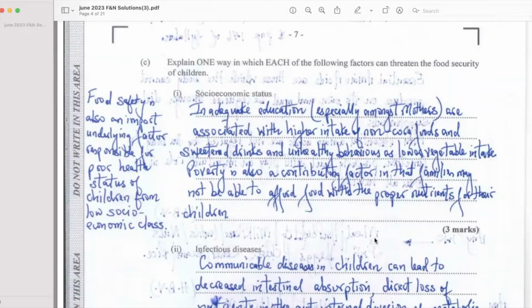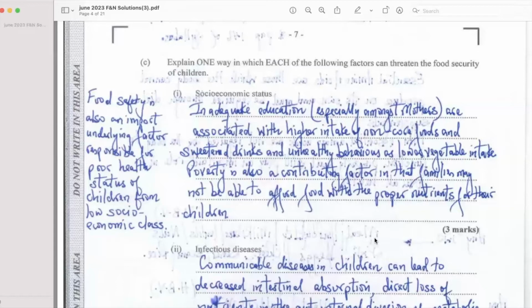in advance, yeah? And then the next one, inadequate education, especially among mothers, is associated with higher intake of non-core foods and sweetened drinks. Because they don't have enough money, in the Caribbean, you have single mothers and lack of finance.